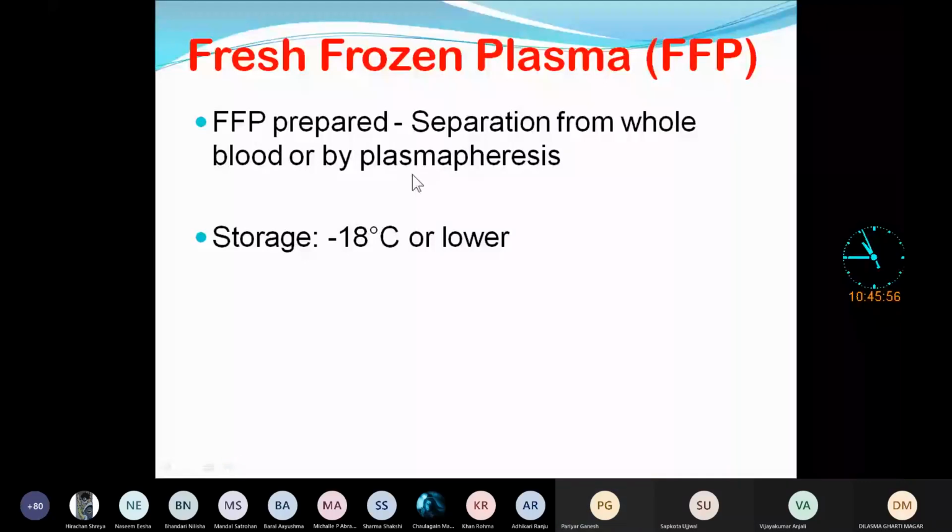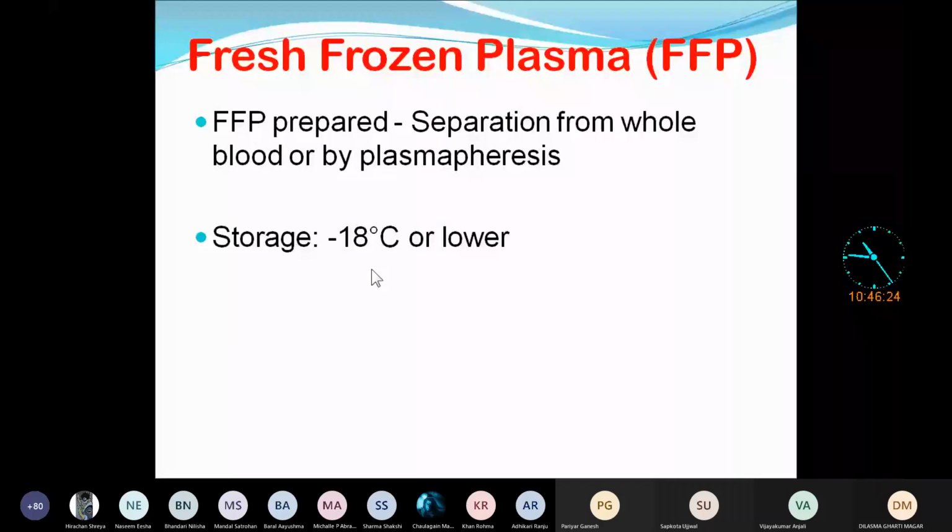Here, fresh means after the blood is donated, 450 ml of the blood is taken, and soon after that the plasma is separated. It is freshly separated. That's why the name is fresh frozen plasma. So storage is below minus 18 degrees, or even lower, up to minus 60.